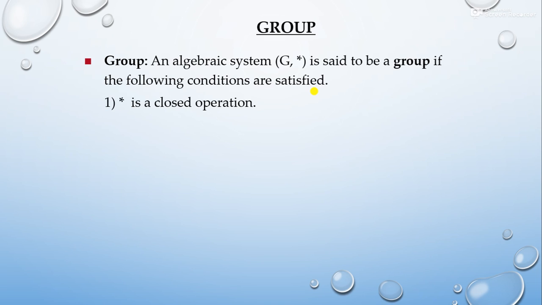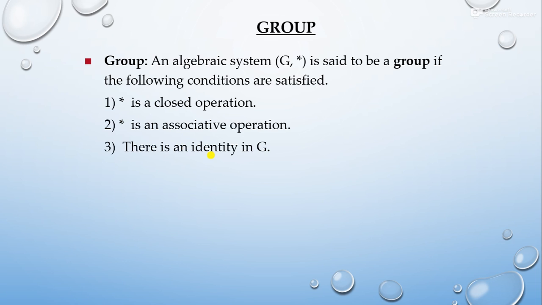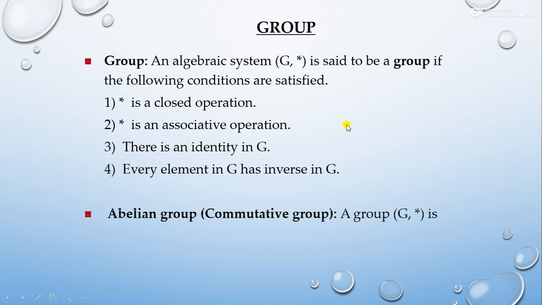The first is that the operation is a closed operation, and the second is that the operation is associative. The third is that there is an identity in that set, and the fourth is that every element in G has an inverse in G. So one more thing has been added here, the inverse. If an inverse exists, then we can say that this is a group.